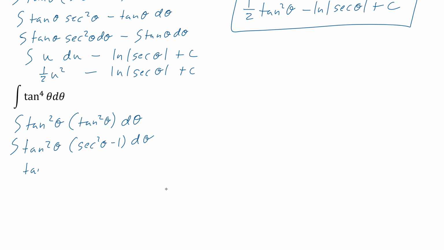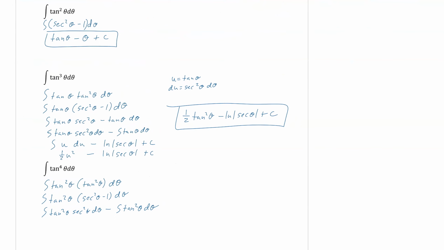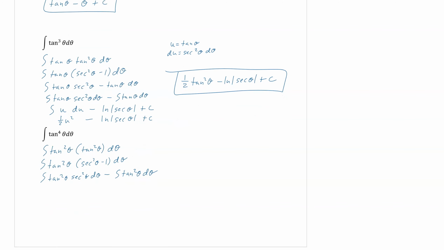So this is tangent squared theta, secant squared theta, because I'm going after that even secant. And we already did tangent squared up there, so I'm not going to do it again. Tangent squared would have been secant squared minus 1. So now we can just replace that with minus tangent theta plus c.